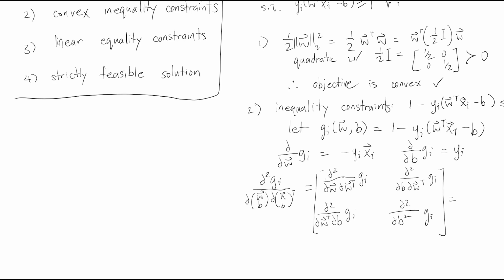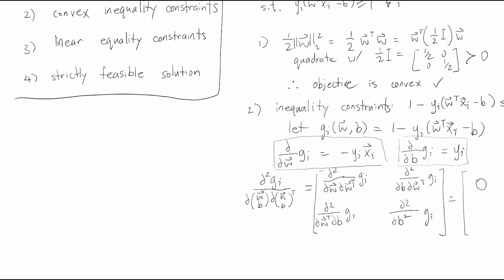Let's do that really quickly. For the upper left block, we look at partial gi partial w, and we can see that it doesn't depend on w at all. So we just have a zero matrix for the upper left. On the right side, we've made the same argument before: when we first take the gradient with respect to b, the result does not depend on w.